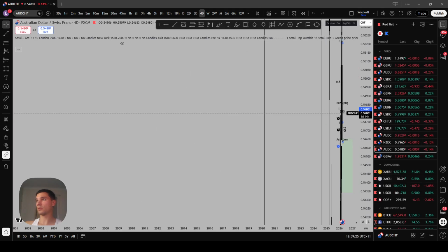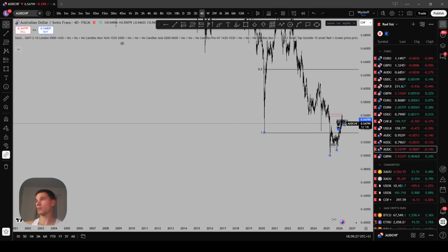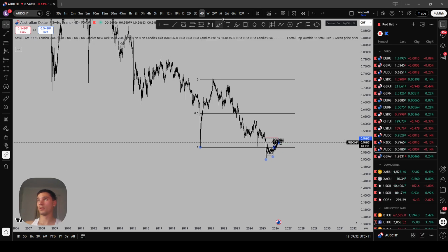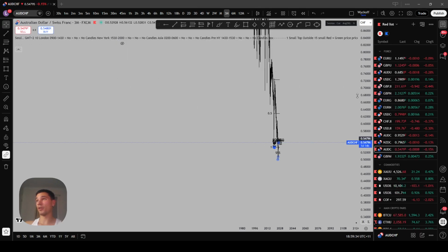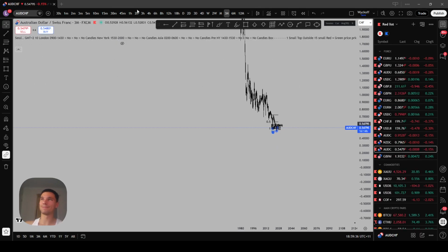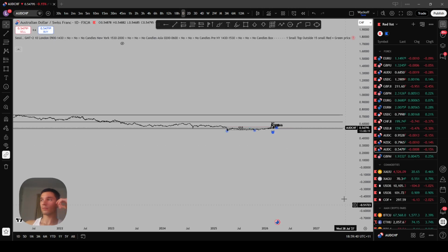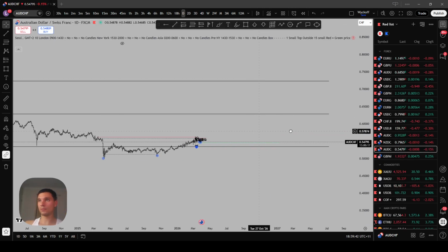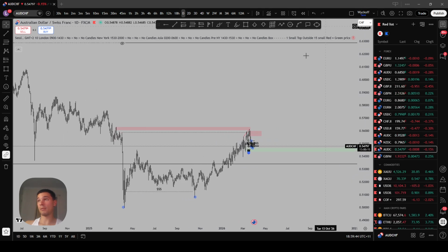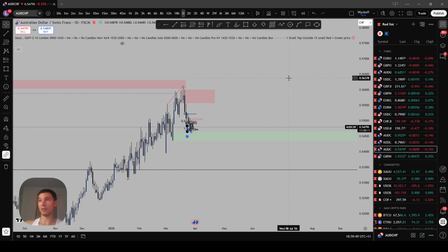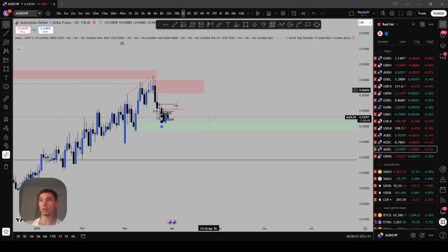Contextually speaking, you could say we're in somewhat of a cumulative. We have been in an uptrend, that's very clear, a daily uptrend.